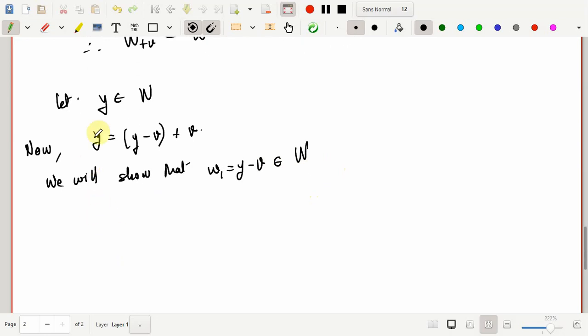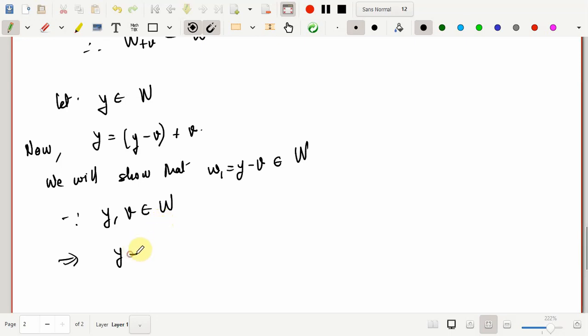Okay, so now what you know is that y belongs to W, as well as you know that v belongs to W. This implies that y minus v also is in W because W is a vector subspace.